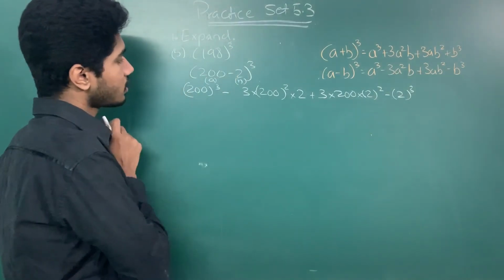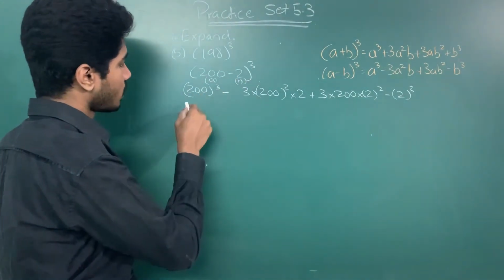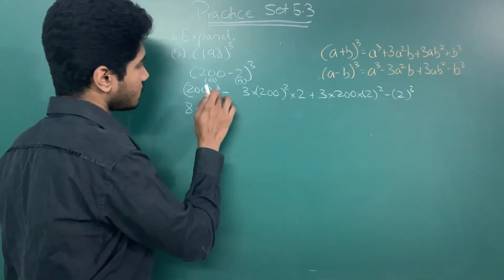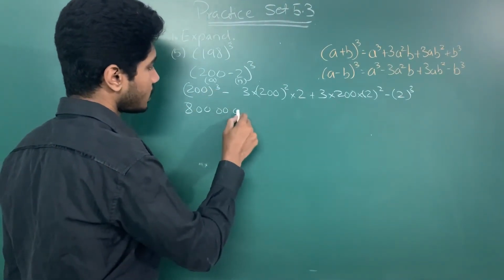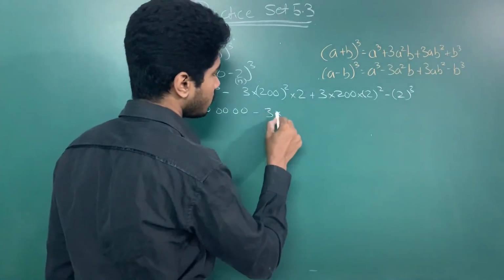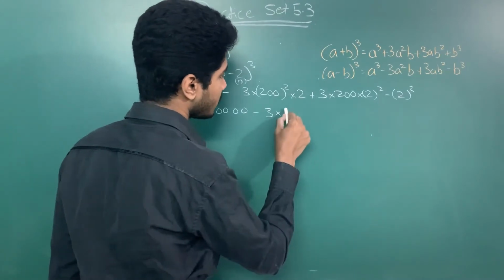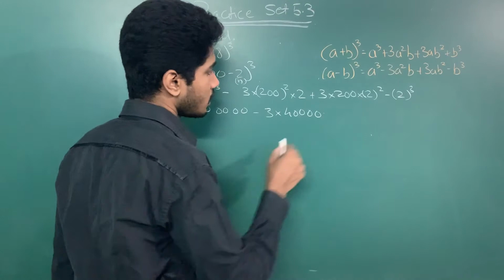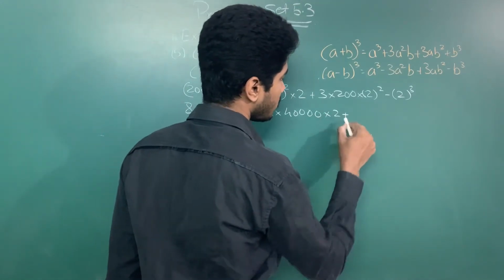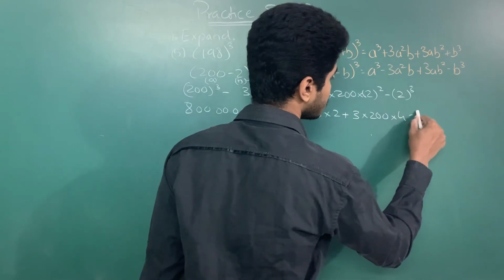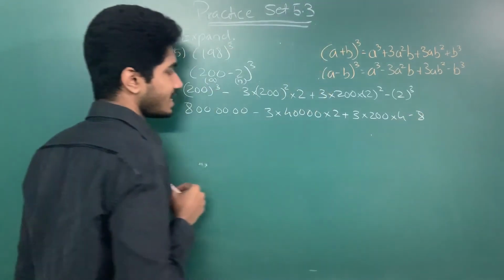So अब इसका क्यूब करेंगे तो it's nothing but 2 का क्यूब करना, that is 8. फिर 2 0 से 3 times, so we'll write it down, that is 6. You get minus 3 into 200, the whole square will be nothing but 4 zeros into 2 plus 3 into 200 into 4 minus 2 cube is 8.